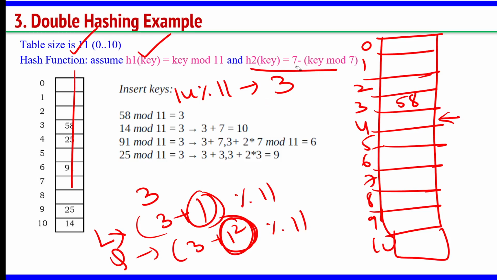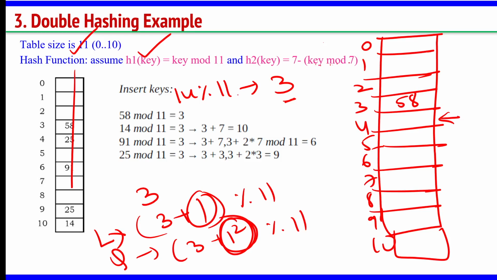What is the hash function here? The second hash function is key mod 7. More precisely, h2 is 7 minus key mod 7.